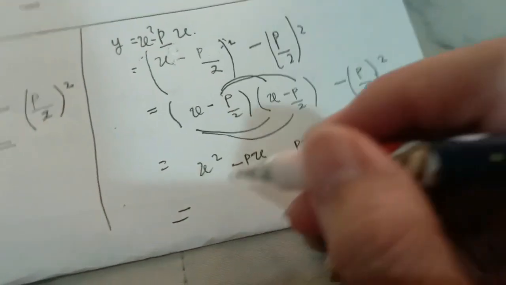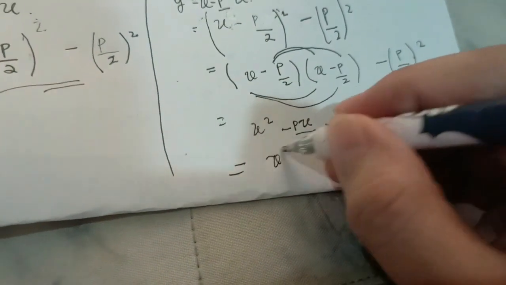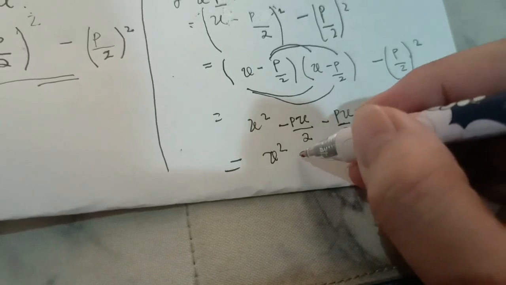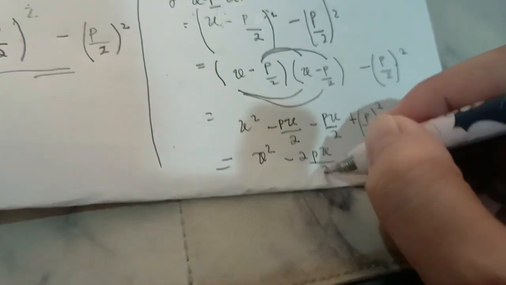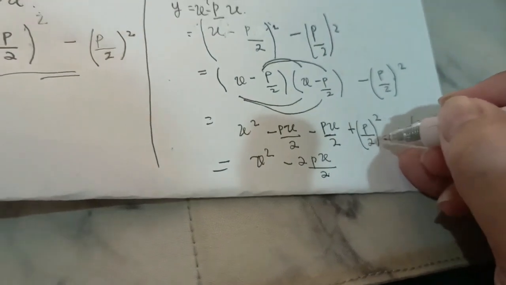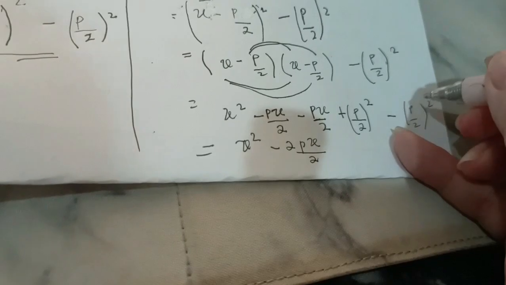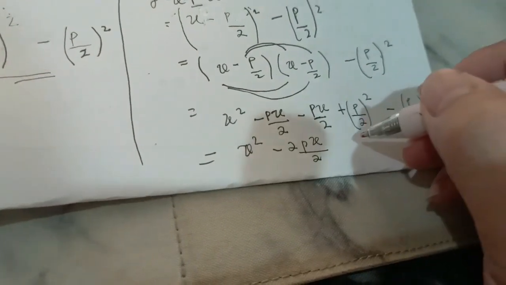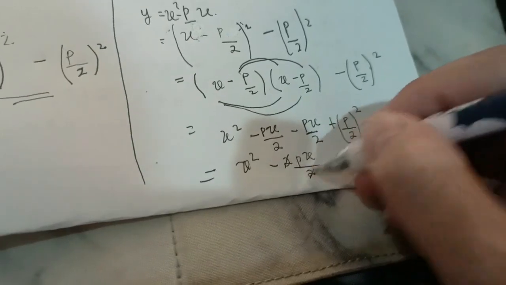Now this x quadrat minus 2px per 2. This p per 2 quadrat minus p per 2 quadrat is 0, right? Then 2 divide with 2.